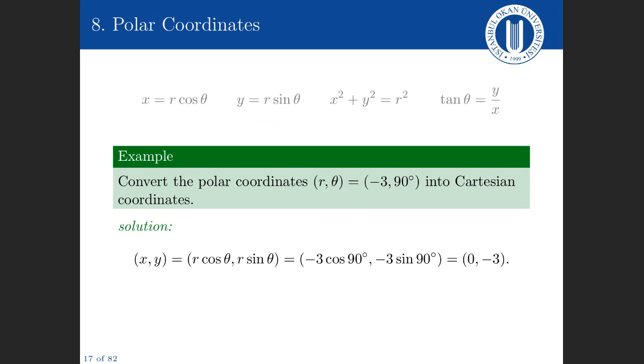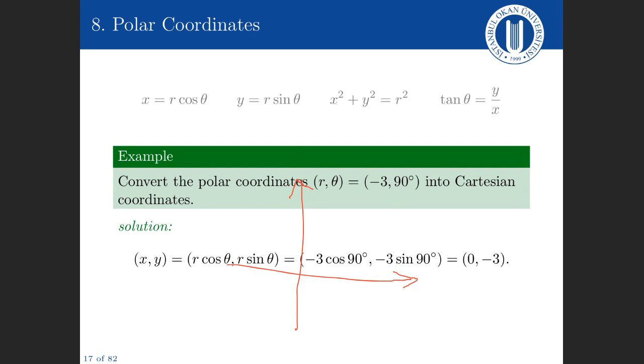Let's quickly draw a picture of this. Zero degrees is the x-axis, 90 degrees is the y-axis, so we must be on the y-axis. We go up for the positive numbers, positive 1, positive 2, positive 3.